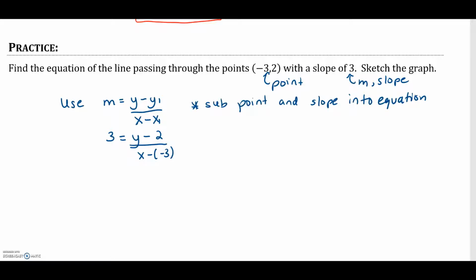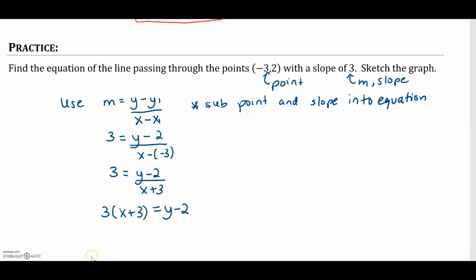Now we can simplify this as y minus 2 over x plus 3, and remember that your slope is equal to 3. Now we can clear the fractions by multiplying both sides of the equation by x plus 3, and we get 3 multiplied by x plus 3 is equal to y minus 2. Now this is the point-slope form.